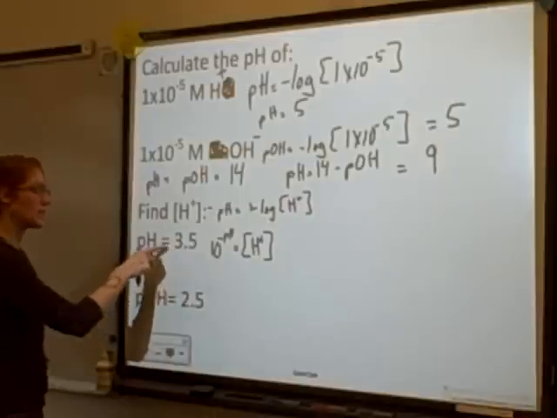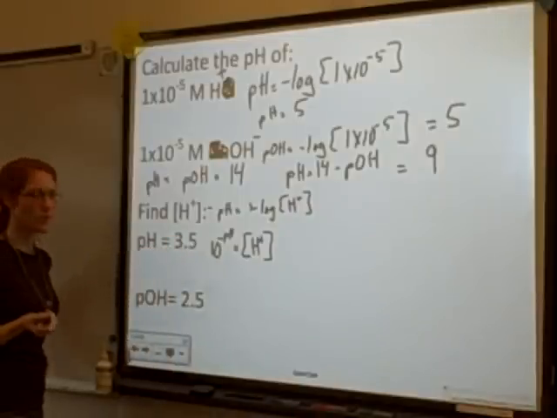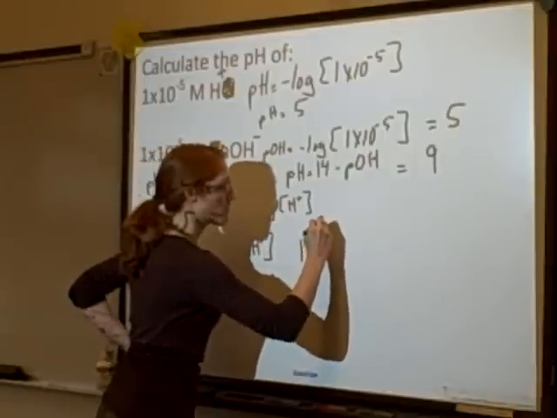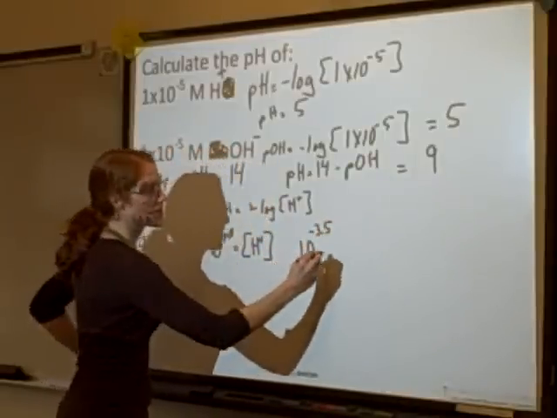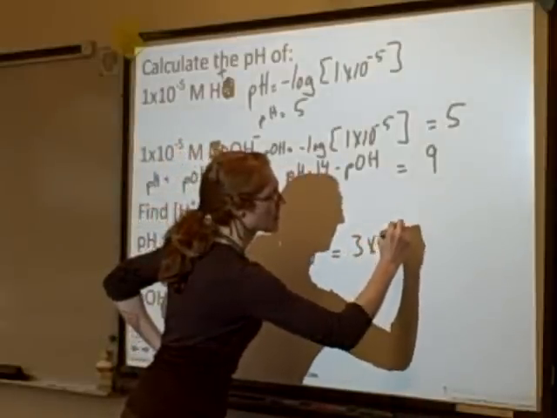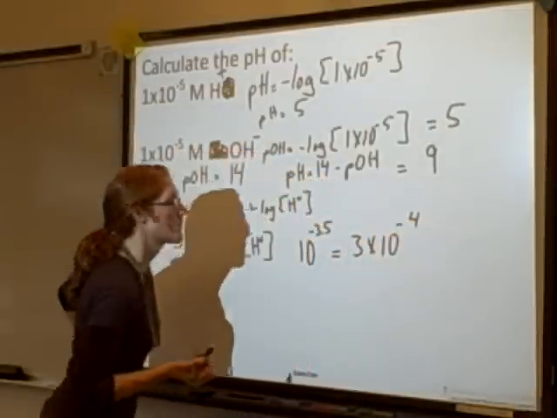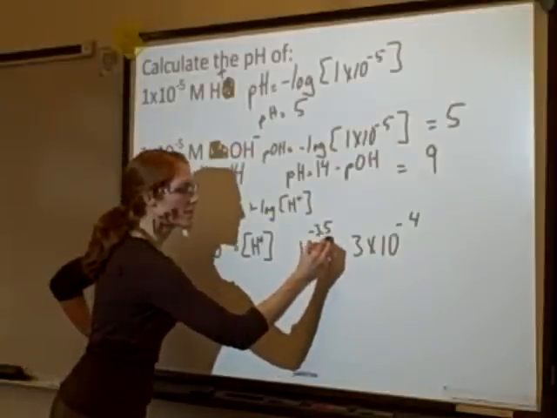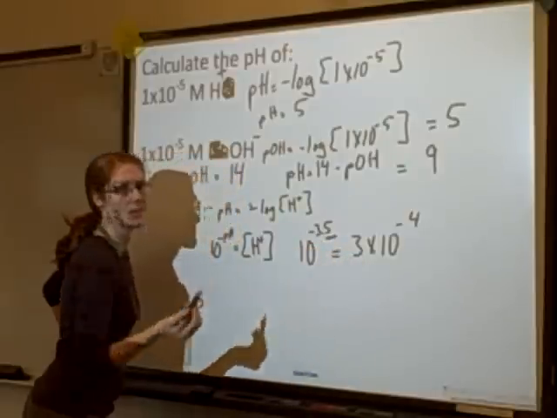And here, my pH is 3.5. So 10 to the negative 3.5 is my concentration of H plus, and when I plug that in, I get 3 times 10 to the negative 4. Okay, and this has 1 sig fig. pH only has sig figs after the decimal, so 1 sig fig, 1 sig fig.